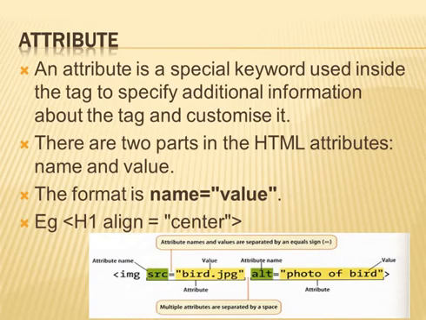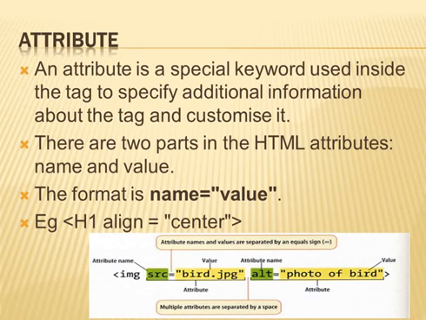There are two parts in an HTML attribute. It has a name and a value, and you assign the value to the name. Example, the format is name equal to value. Example, you see there, H1 align is equal to center.